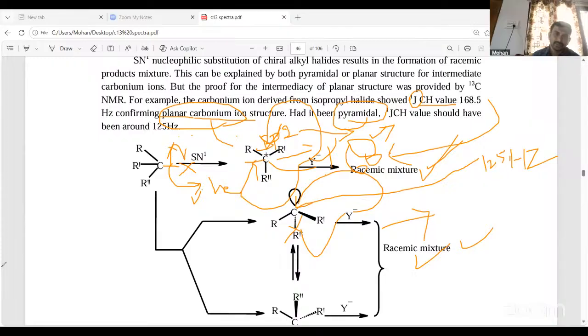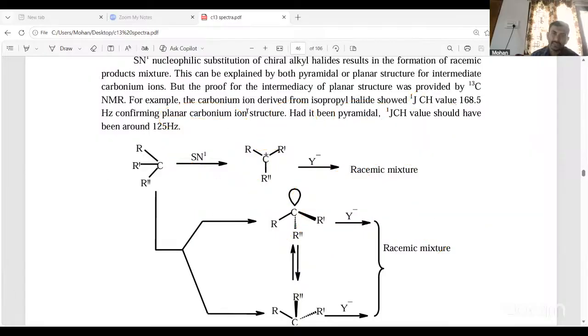So here the thing is, by this C13 spectra, you are able to predict the geometry of the carbocation which is formed in the nucleophilic substitution reaction. That means whether it is acquiring the pyramidal geometry or the planar geometry, right?